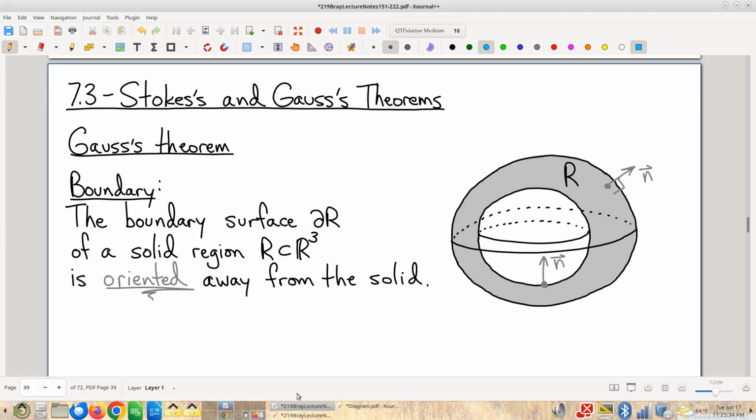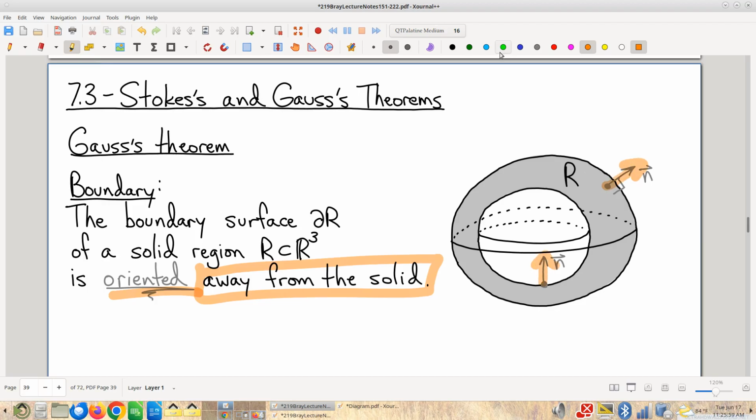So here we go. As you can probably guess, if we're going to talk about boundaries being oriented, we have to establish what the rules are. So, standard convention, it's arbitrary but standard. Here's the convention: the orientation is away from the solid.